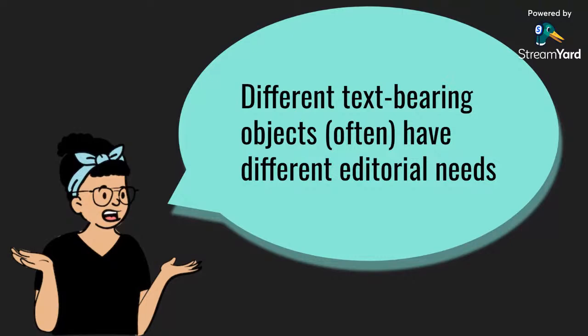So, for example, as I was saying before, seals and coins have two inscribed faces, and having two inscribed faces mostly translates into having an inscription running across the faces, and so on and so forth.